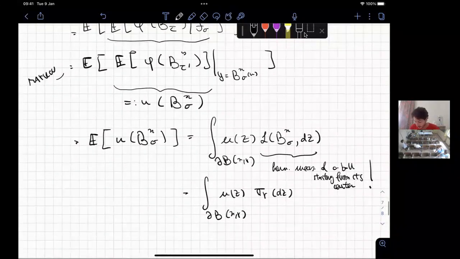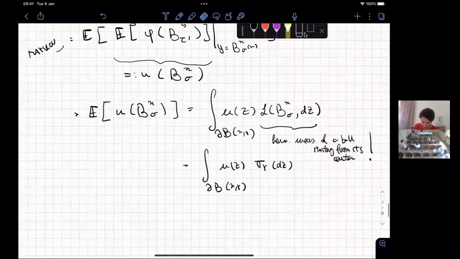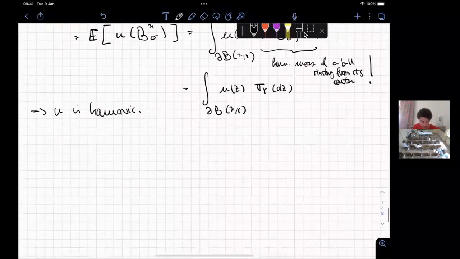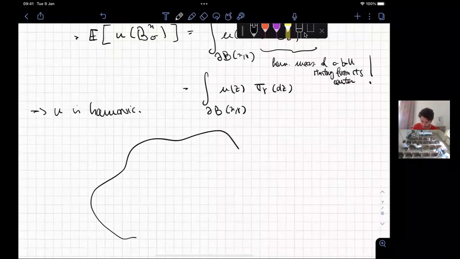And so that's it, because this is actually the property we want to prove. So u is harmonic. And just to conclude, I will show a picture.